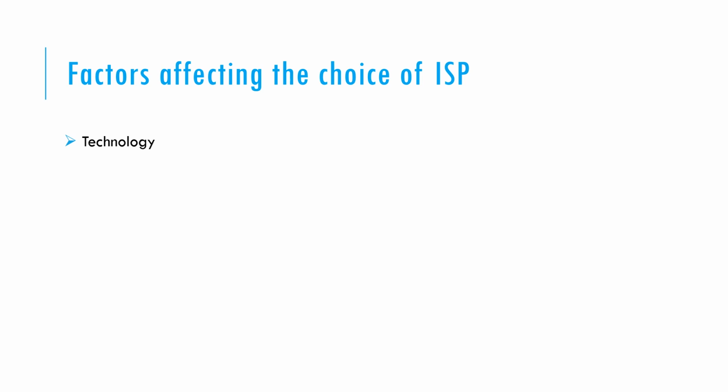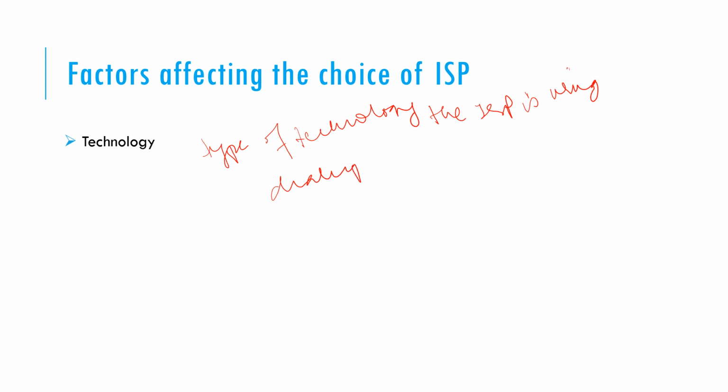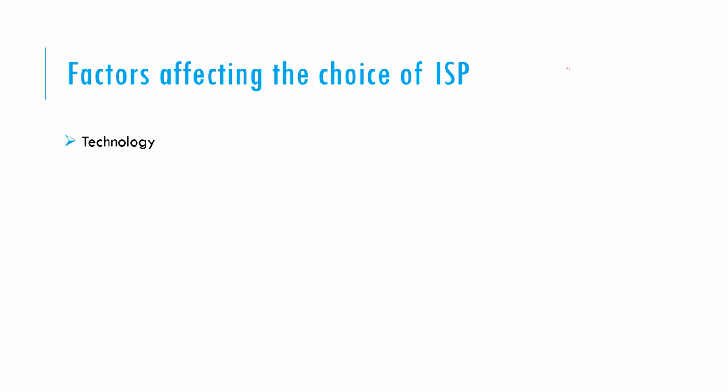We should know which type of technology the ISP is using, whether it's dial-up or cable or satellite. Based on this information, we should decide which technology is suitable for us.